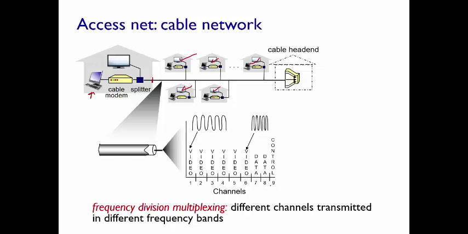This is some frequency band that can be divided into multiple channels. So channel 1 sends the video, channel 2 sends the video, another channel sends data, and so on and so forth. So this is multiplexing. Given a frequency band, you have multiple channels divided, and each is called a channel.